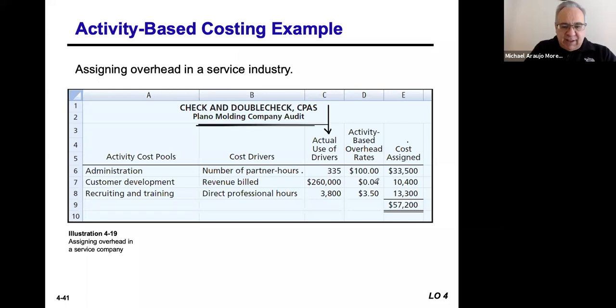At 4 cents each, that is $10,400 of costs for billing added here. And they spent 3,800 hours at $3.50 an hour, so they incurred 13,300 in recruiting and training costs. So in total, their actual overhead costs based on ABC were $57,200.